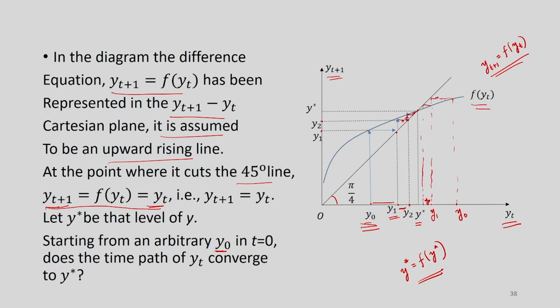So, you can see that actually you go and converge to the point of intersection, which is y star. Okay. So, it does not really matter where we are starting from. y0 could be above y star, it could be below y star. In either case we are able to converge to y star.